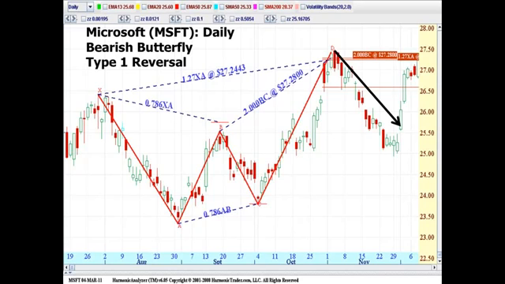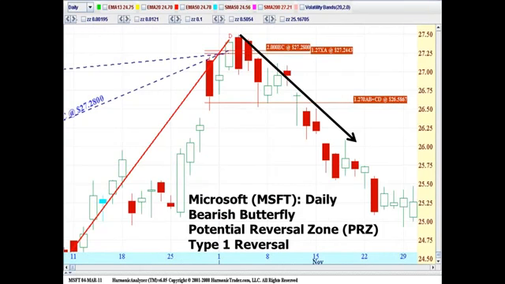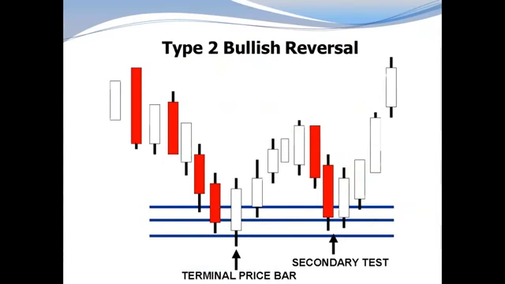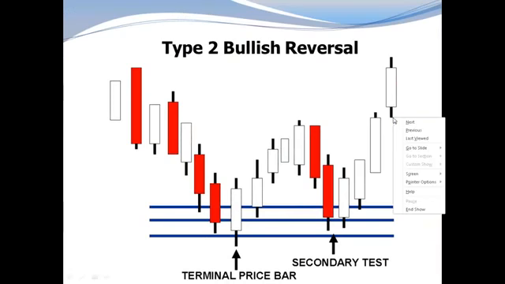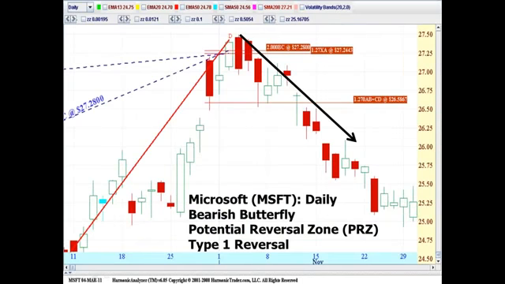Here on the chart of Microsoft on the daily, we're looking at a bearish butterfly that possesses a type 1 reversal. That is, the price action hit the entire zone and then reversed. Looking at this potential reversal zone chart, Microsoft tested all of the numbers in the zone.